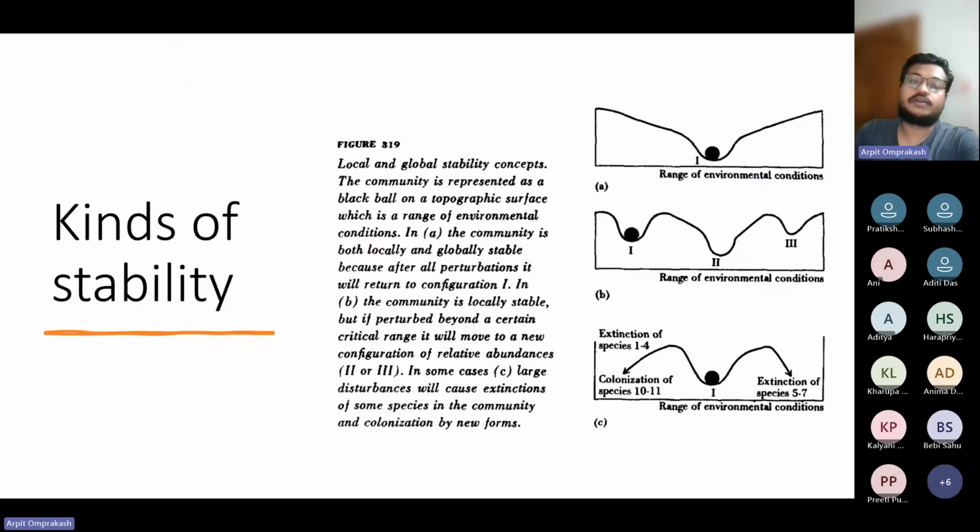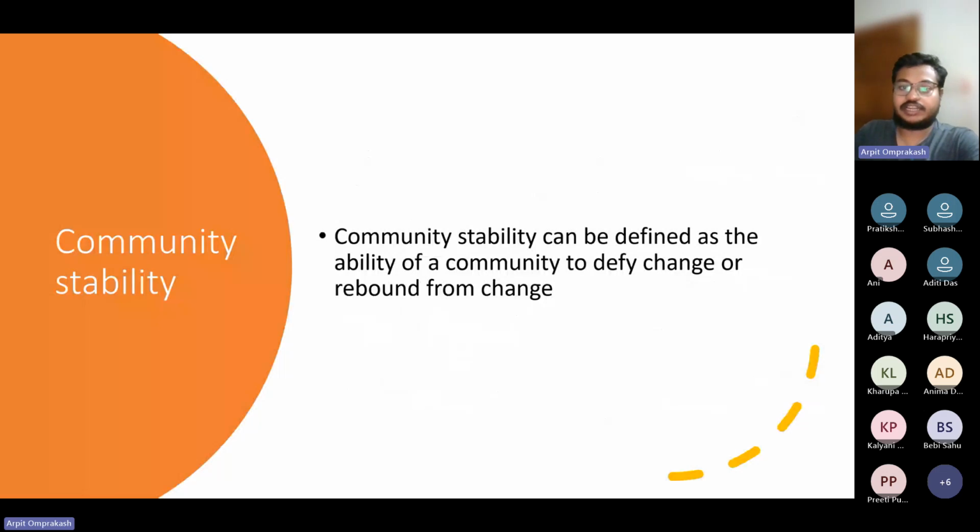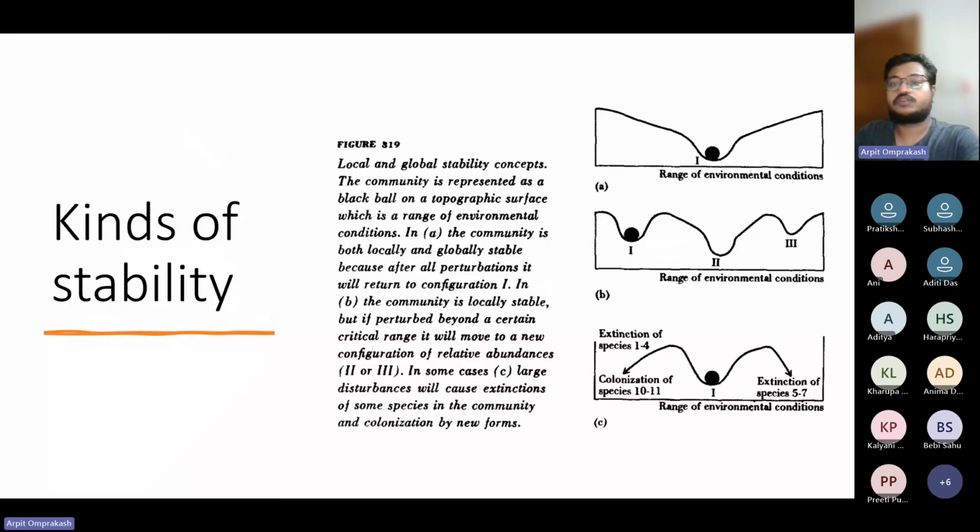Okay. So there are basically three kinds of stability. So the first is called global stability. So basically, the community is now in this environmental condition. Now, if you were, let's say, to change the environmental condition to something like this or something like this, eventually this community will tend to go back to this.